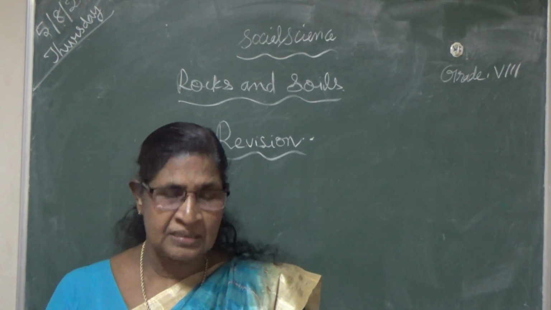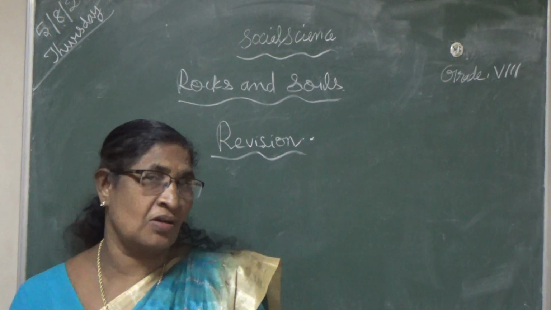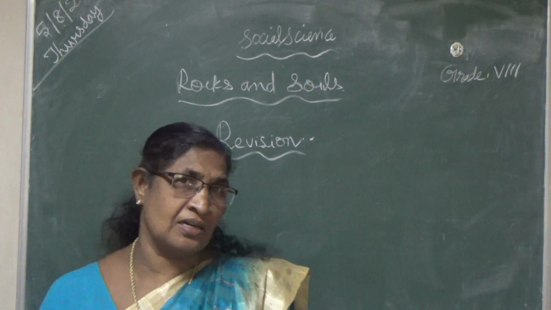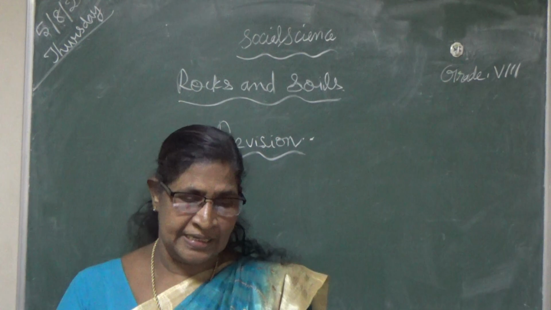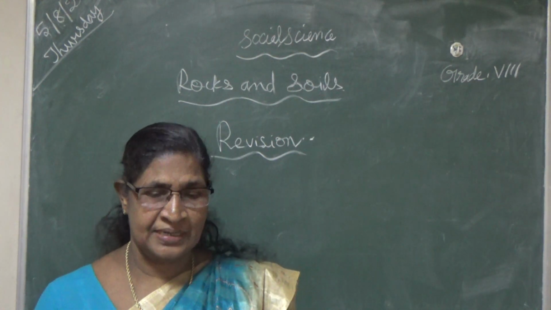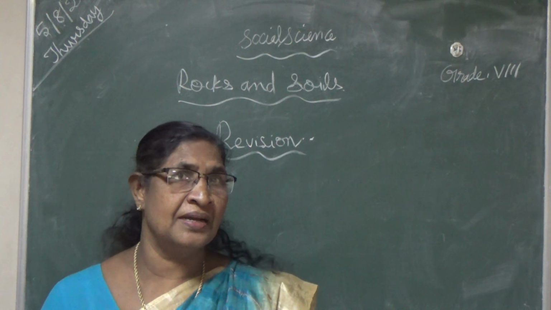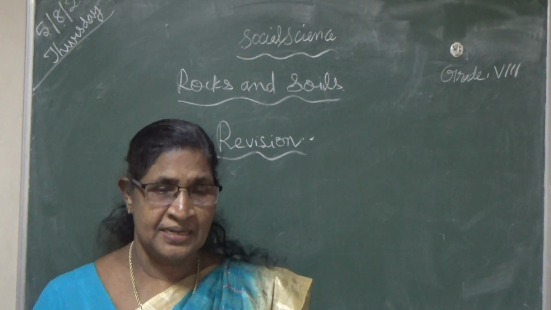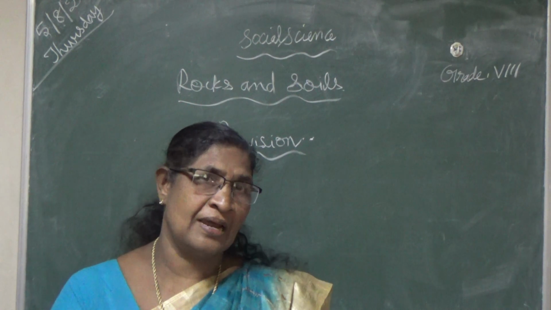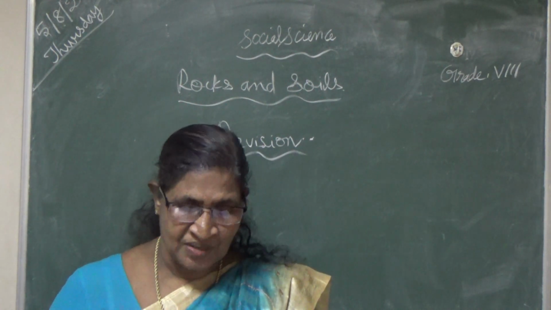The sedimentary rocks are again divided into three types, that is organic sedimentary rocks, mechanical sedimentary rocks and chemical sedimentary rocks. These are the three types of sedimentary rocks, isn't it?